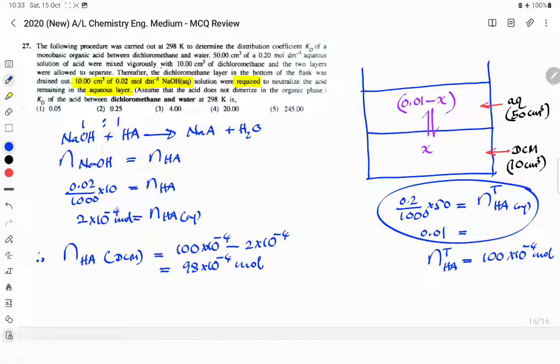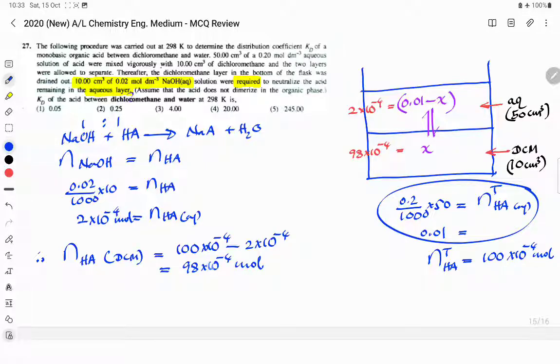Now we have the two values. This is 2 × 10^-4. This is 98 × 10^-4. So we have the equilibrium values of HA moles in the two phases. Now let's substitute it into the Kd expression.